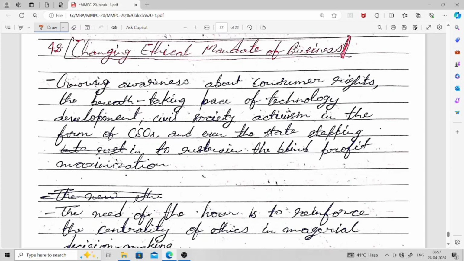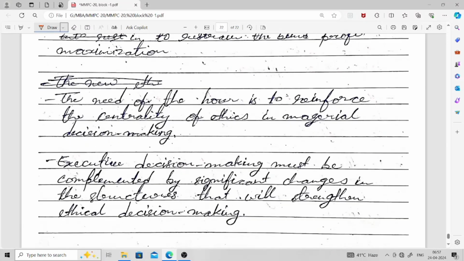Even the state is stepping into this process of restraining the corporates from their blind profit maximization objectives. They all are restraining the corporates.